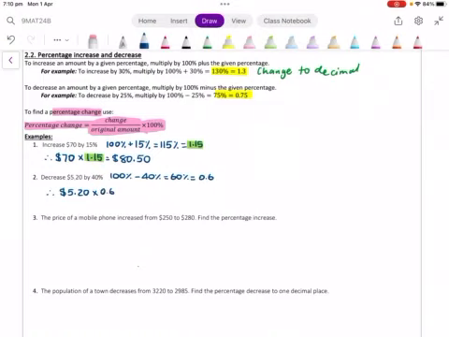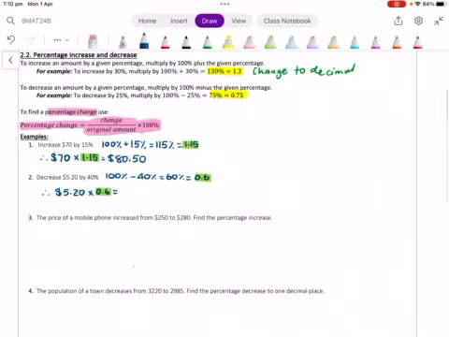So we're really finding what 60% of $5.20 is. And when we do that in our calculator, we get $3.12.